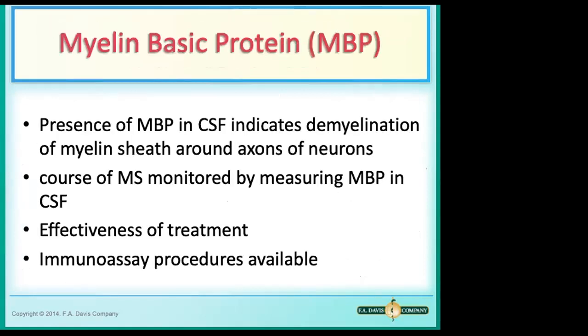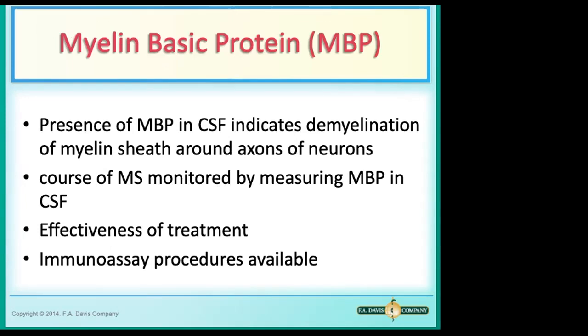Okay. All right. I can move on to myelin basic protein. This is another major component of the myelin sheath that surrounds the axons of the nerves in the nervous system. And the presence of this MBP protein in the CSF indicates destruction of the myelin sheath that protects the axons of the neurons.